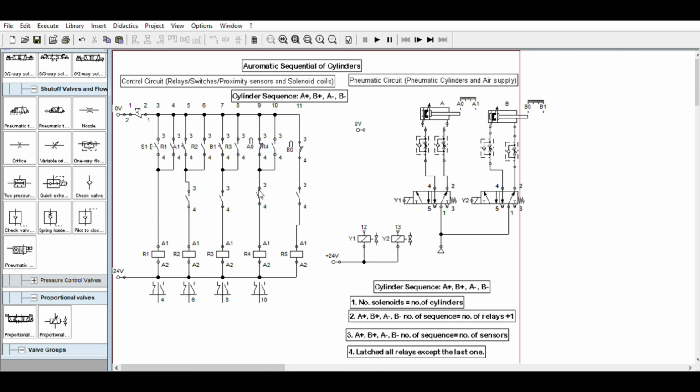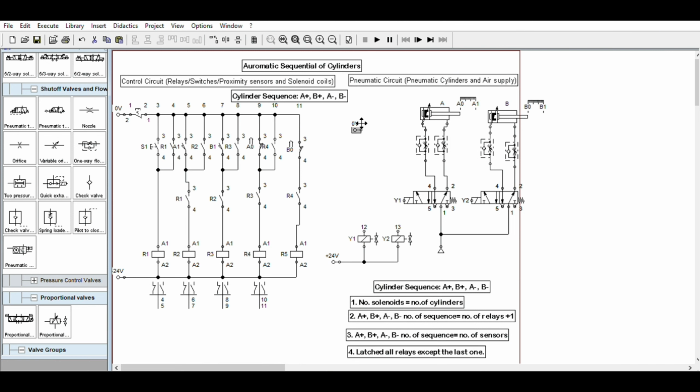But it will not cause on air because we have normally open. So remember, this is R1, R2, R3, R4. So they are all initially open.